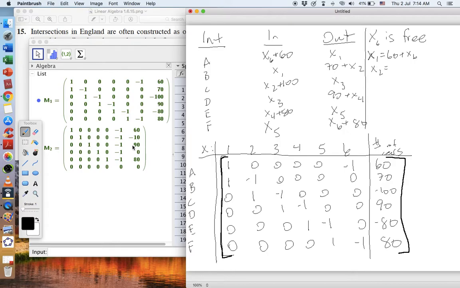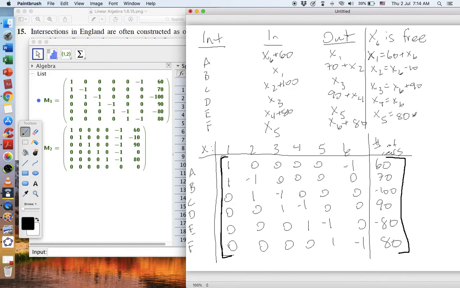x2 is equal to x6 minus 10. x3 is equal to x6 plus 90. x4 is equal to x6, and x5 is equal to 80 plus x6, or x6 plus 80.